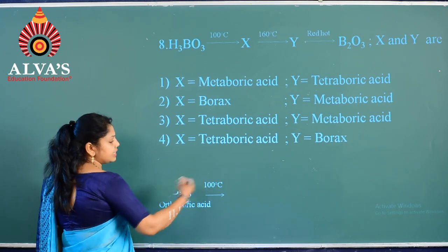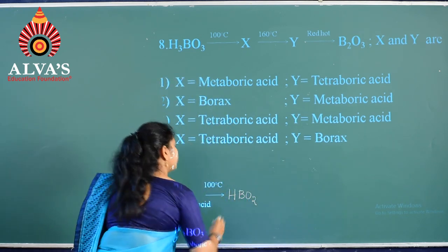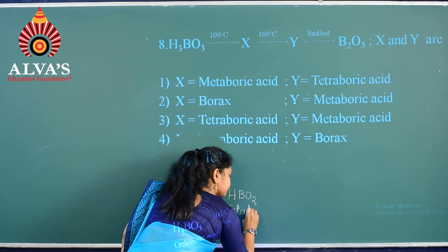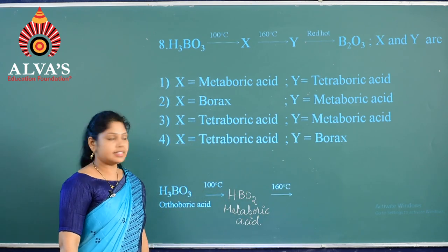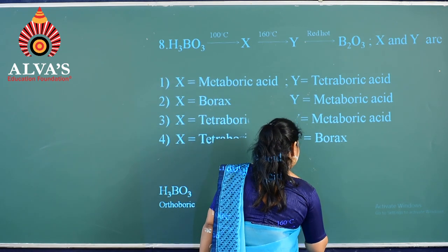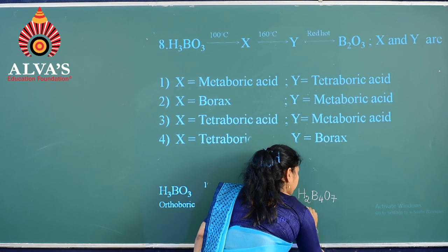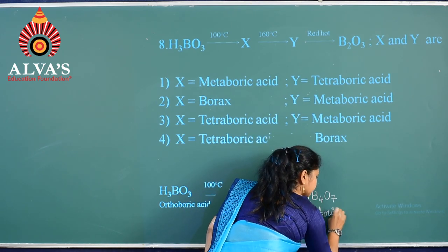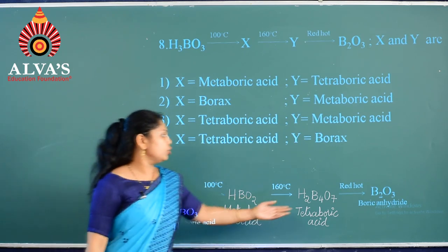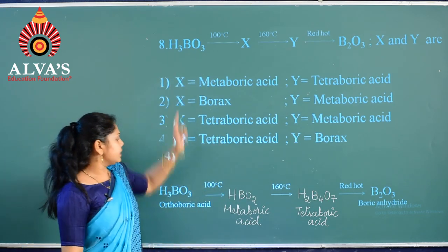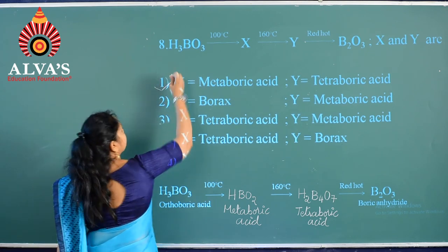So, when orthoboric acid is heated at 100 degrees Celsius, it gives HBO2, that is metaboric acid, which on further heating at 160 degrees Celsius gives another compound, that is tetraboric acid, which upon further heating at red hot gives boric anhydride. Here X is metaboric acid and Y is tetraboric acid. So, it is option number 1.